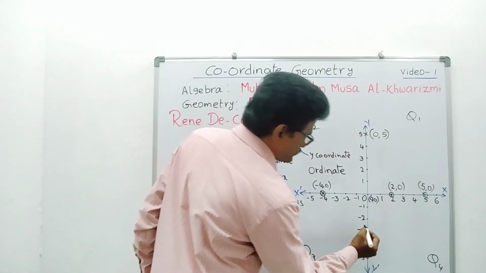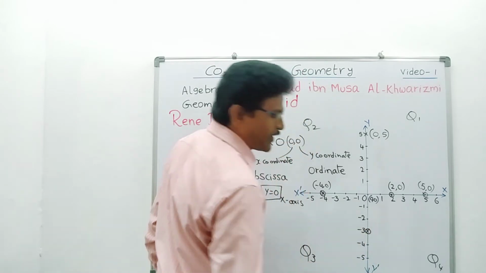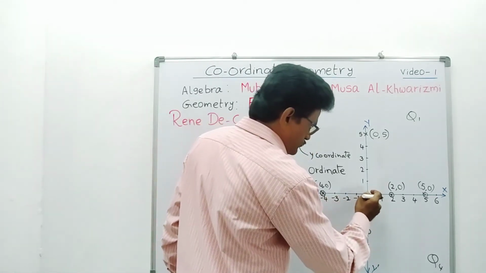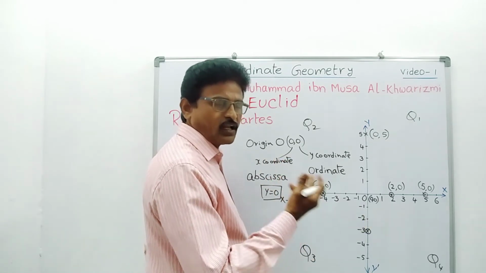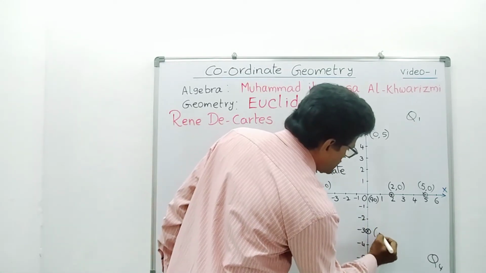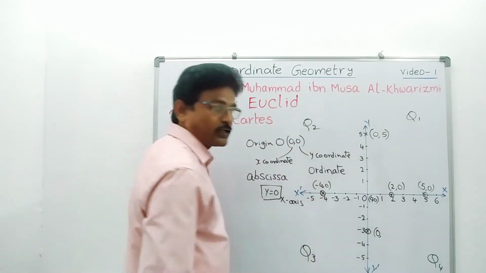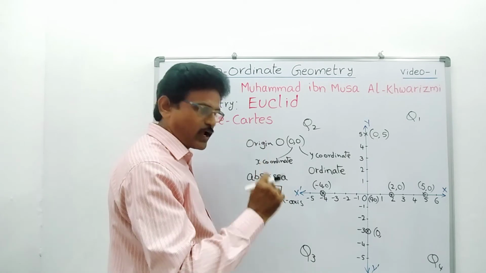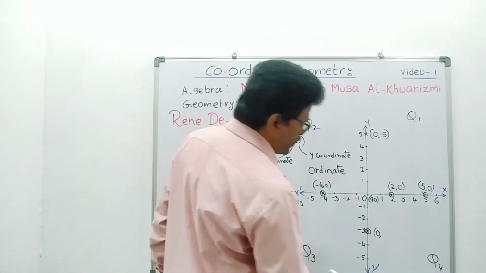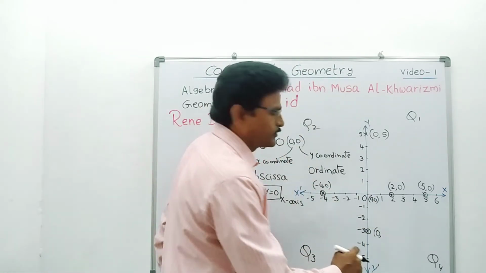Now come to this one. What is this point? From the origin you are not moving either right side or left side. So the first one is 0 only, right? You are not moving to left or right. That's why the x value is 0. Now what about y? You are coming downward 3 steps.